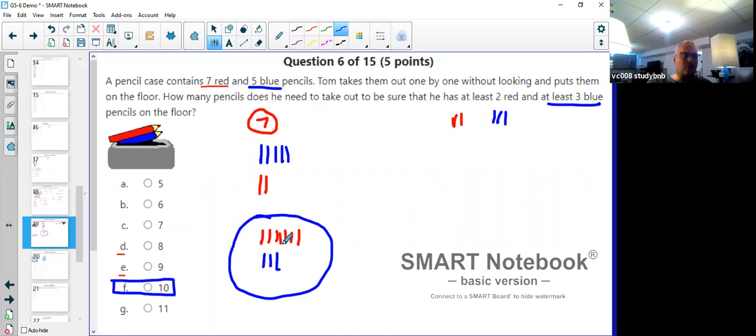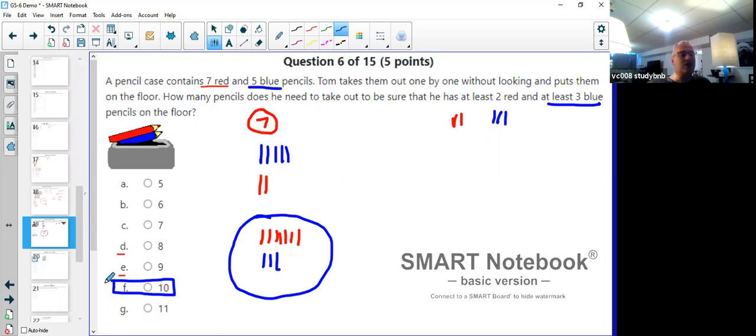I might get it earlier, right? If you get lucky, you might get it in the first 5. It might only take 5. So it'll take at least 5, right? Minimum of 5 and maximum of 10. It could happen anywhere in between, but they want to know. I want to be sure that I get that.